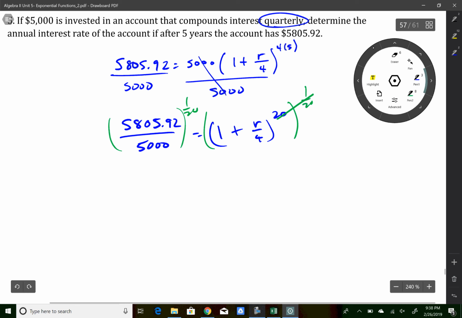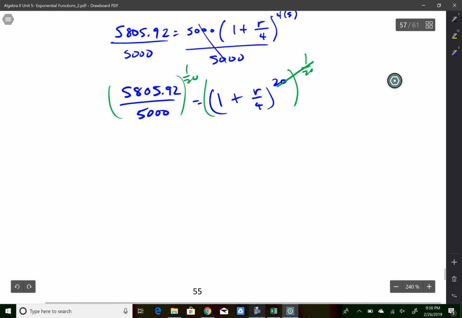Those 20s cancel. So now we're talking about this decimal all to the 1/20th, so let's type that in. Parentheses, 5805.92 divided by 5,000, all to the 1 over 20th.